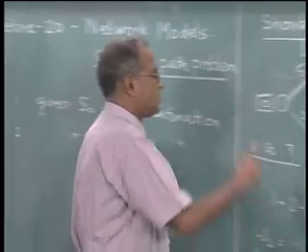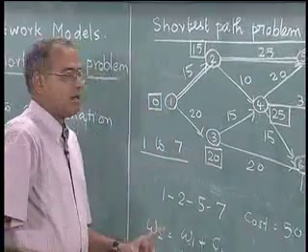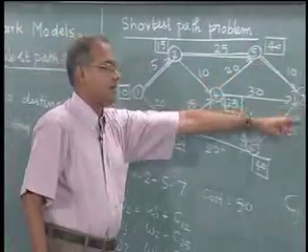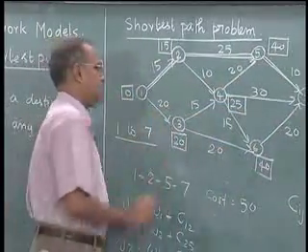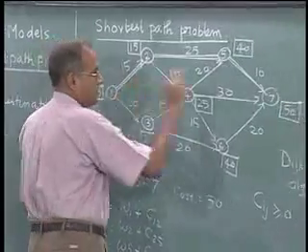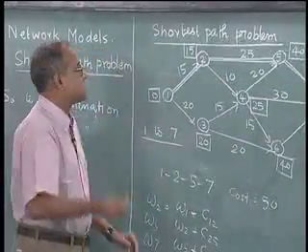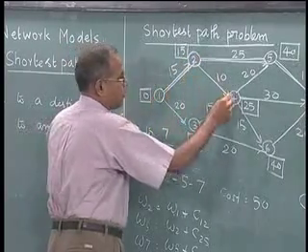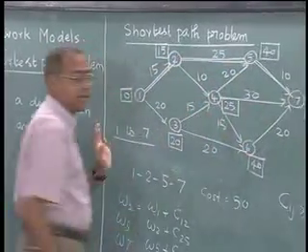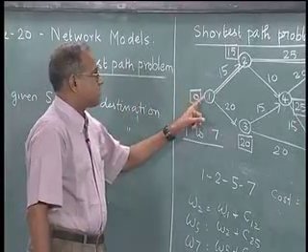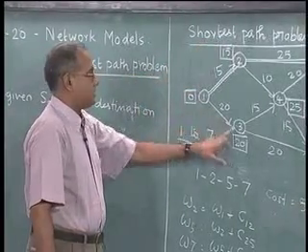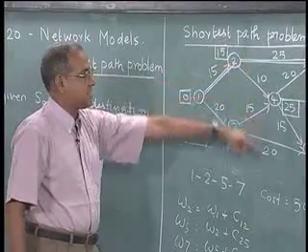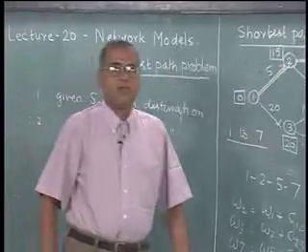Now, if we assume that our given source is 1, we can easily show that these labels that we have written here not only help us in getting the shortest distance from 1 to 7, we have actually solved the shortest path from 1 to 2, 1 to 3, 1 to 4, 1 to 5, 1 to 6, 1 to 7. We can show that the shortest distance from 1 to 2 is 15, 1 to 3 is 20, which is obvious, for 4 it is 25, for 5 and 6 it is 40, and for 7 it is 50.